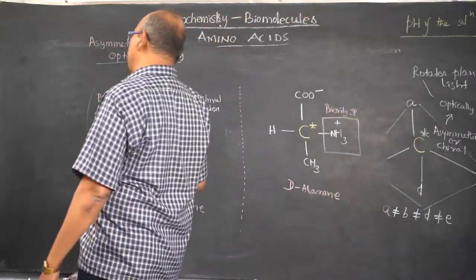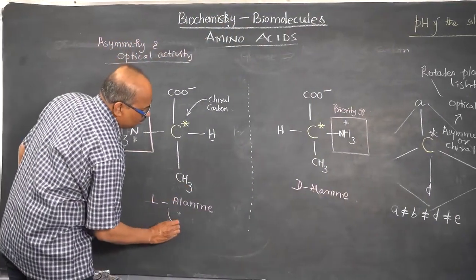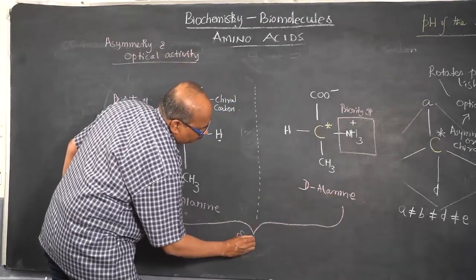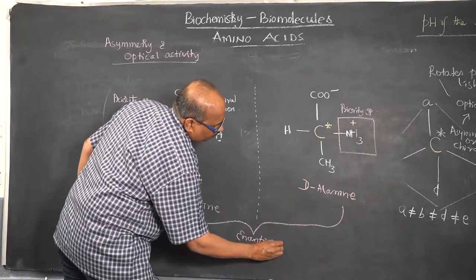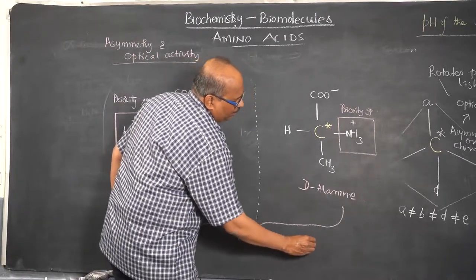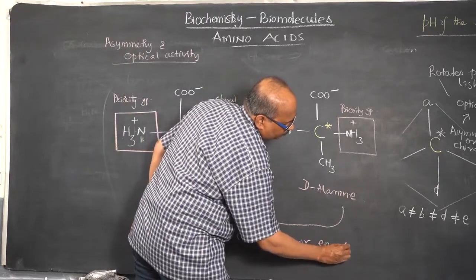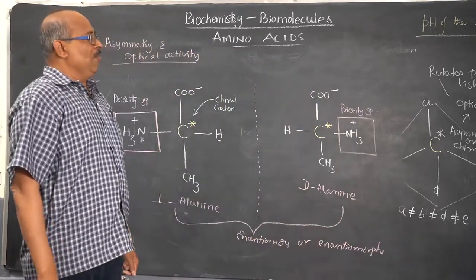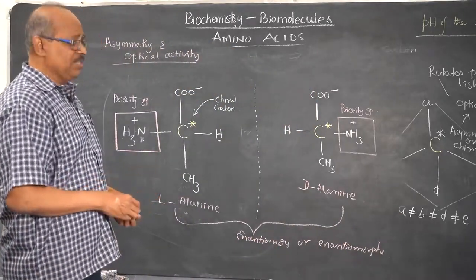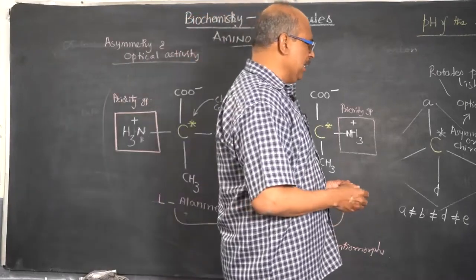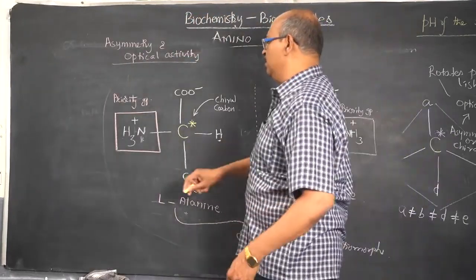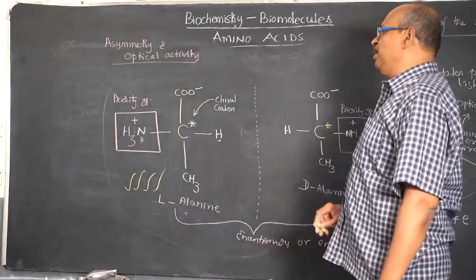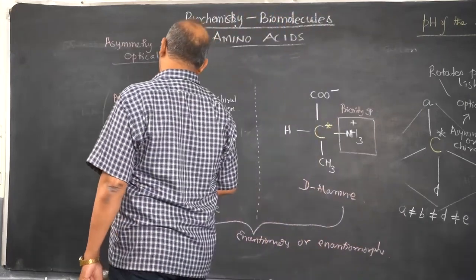This kind of mirror images that cannot be superimposed will be called enantiomers or enantiomorphs. Most of the naturally occurring amino acids, those that occur in proteins, are L-amino acids. So L-amino acids typically occur in proteins.